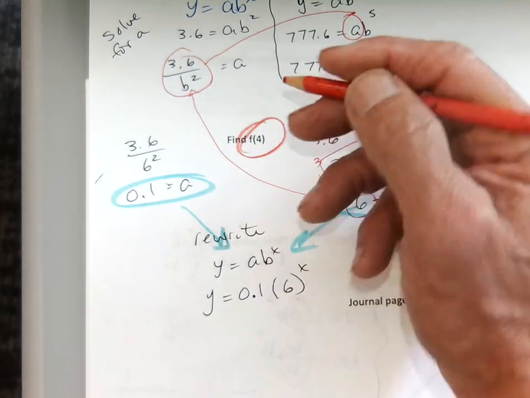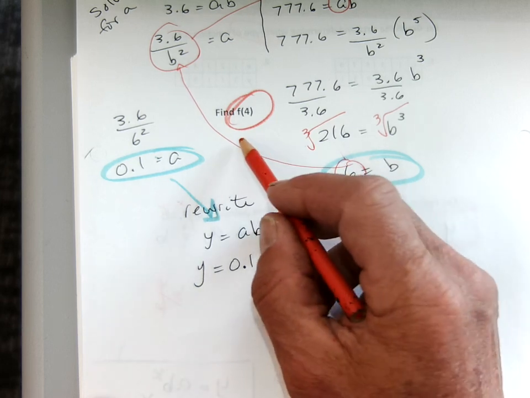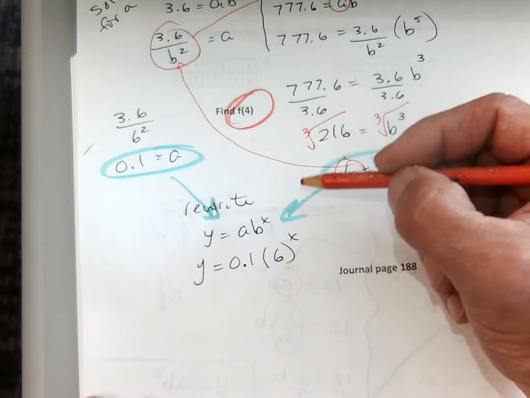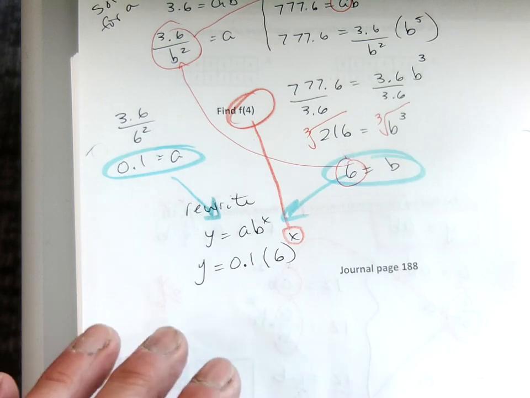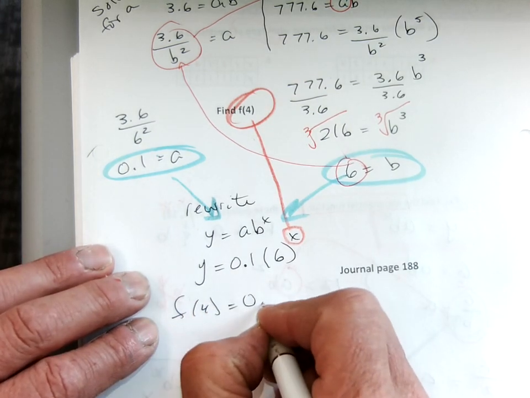What does f of 4 mean? Plug it in. f of 4 means that the x value is 4. So we take 4 and we plug it in for x. So f of 4 is equal to 0.1 times 6 to the power of 4.